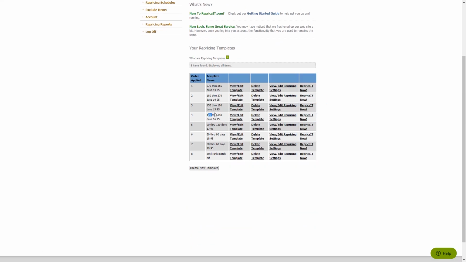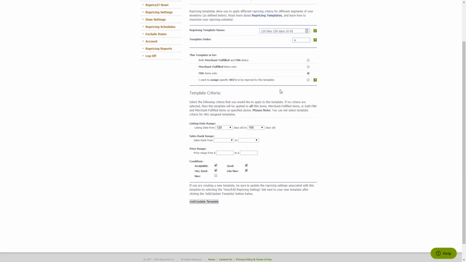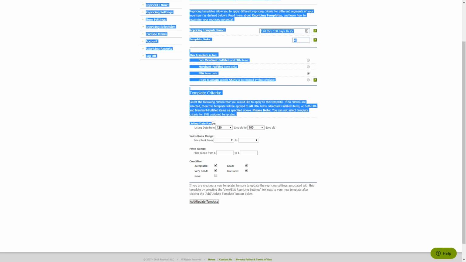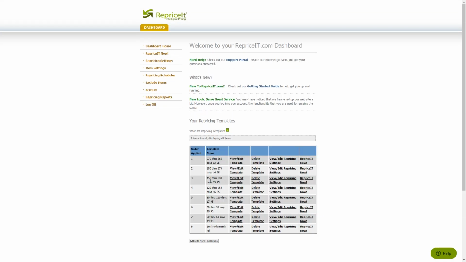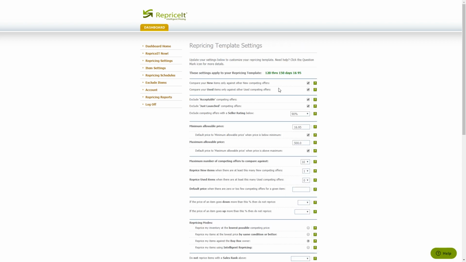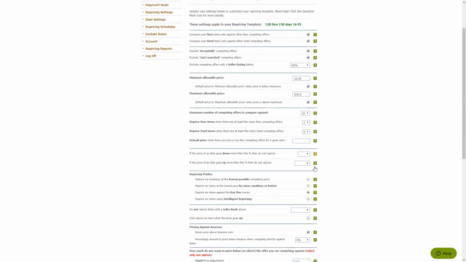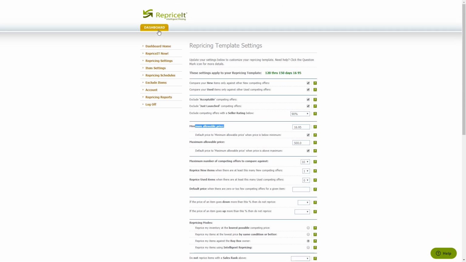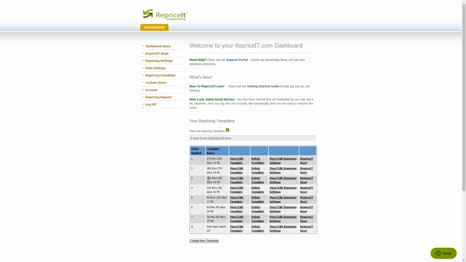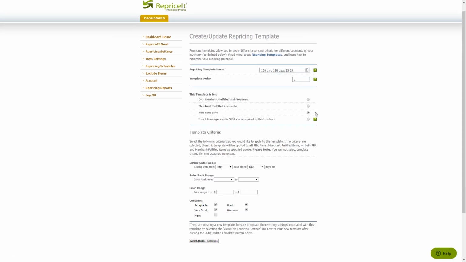Next one. It was at 90 days. So this one is the same, should be the same settings again. All I do is change this. Oops, that. So next one. Again, everything stays exactly the same except for the minimum price. We're at $16.95. Next. Then this one, same.